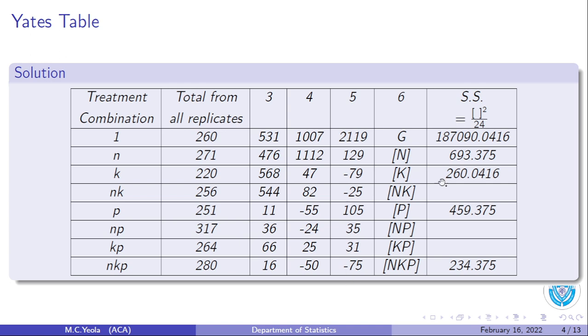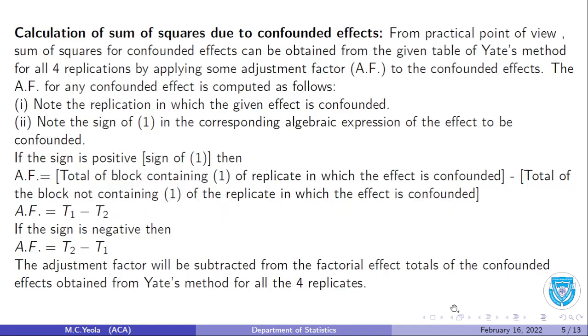For the other effects, the square of each sum divided by 24 gives the sum of squares for those treatment combinations.